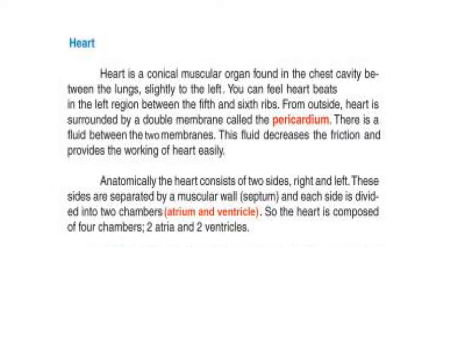Now, what is the pericardium? The pericardium is a double membrane which surrounds the heart from outside, and there is a fluid between these two membranes. This fluid decreases the friction and helps the heart work easily.